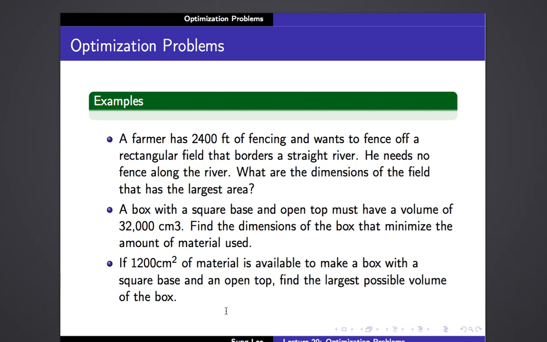So we actually have the same type of box as in the previous example, but in this case we have a limited amount of material, and we try to make a box. We try to find the dimensions that give rise to the largest possible volume of the box. Okay, so that's the question.